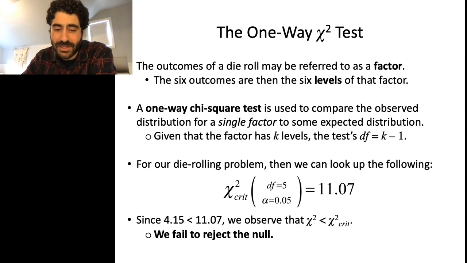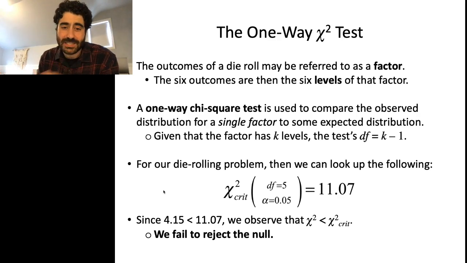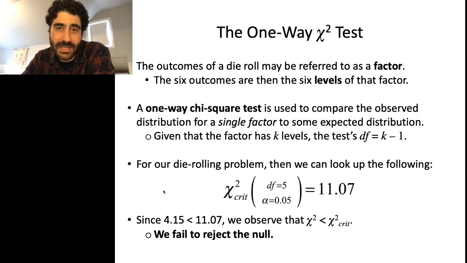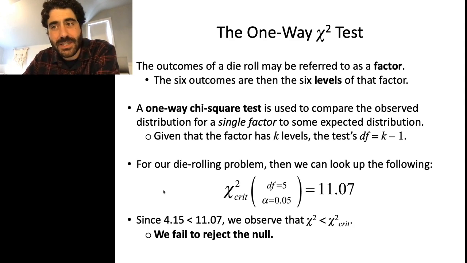We'll talk about this when we talk about the assumptions, but we basically need the sample size to be big enough that these chi-squared statistics converge to the chi-square distribution, which is a kind of central limit theorem result, and doesn't usually take that many samples. As long as we have more than like 5 or 10 of each possible outcome, that assumption is guaranteed. So the degrees of freedom here are about the number of levels minus one, not the sample size.